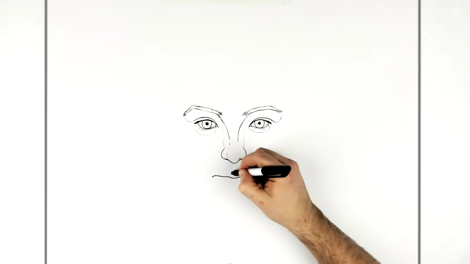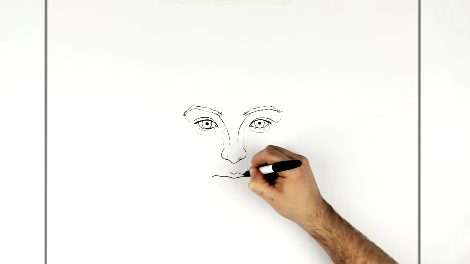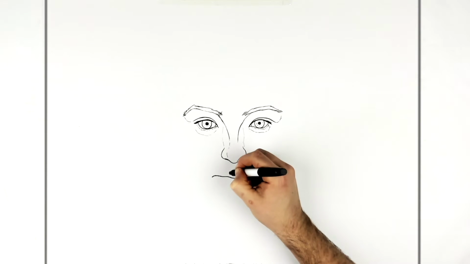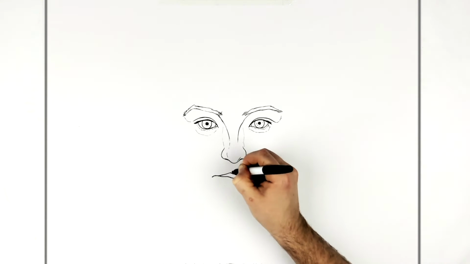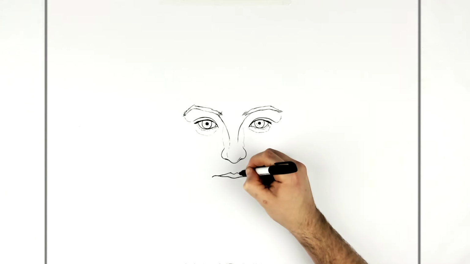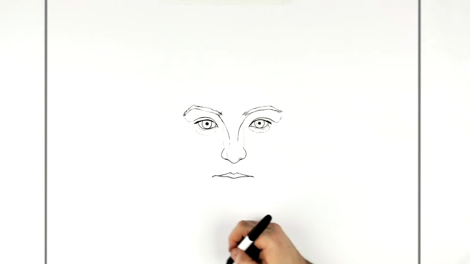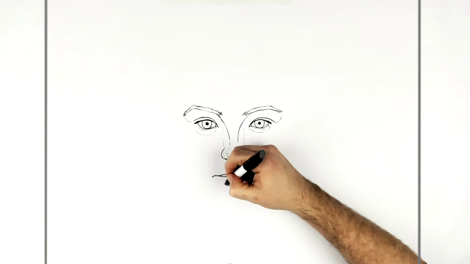Right, and then show her top lip, so we can see in the middle we've got this V. Right, and this comes down the side here, and then the other side. Like so. And then what we can see of her bottom lip, it's just maybe a small line like that going around.